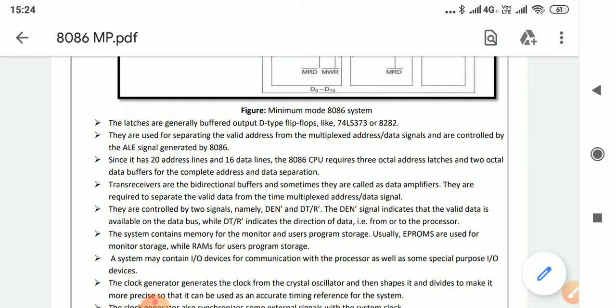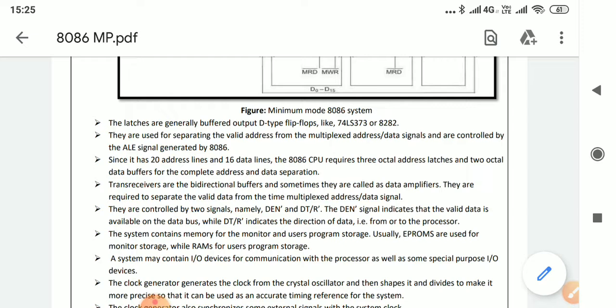Okay, transceivers are bidirectional buffers, and sometimes they are called data amplifiers. They are required to separate the valid data from the time multiplexed address data signals. Okay, transceivers means transmission and reception. So these can be bidirectional buffers. They are controlled by 2 signals, namely DEN and DTR. Okay, data enable and data transmit or receive.